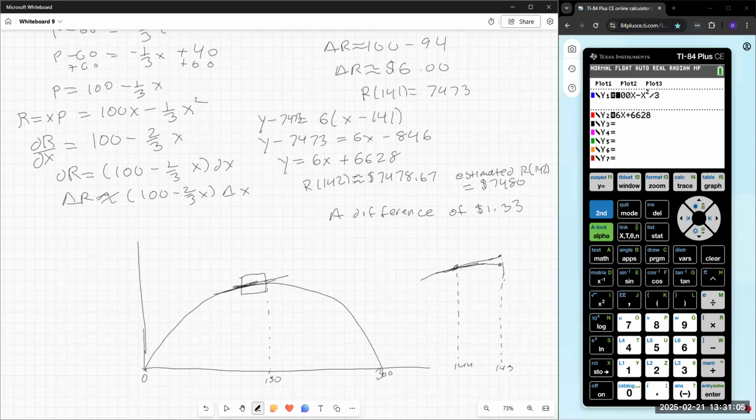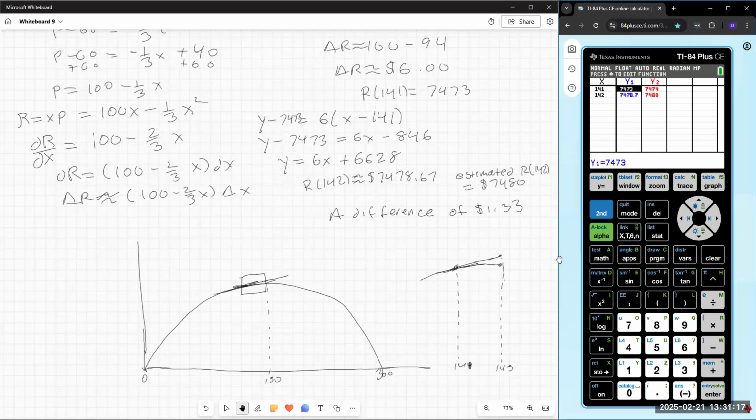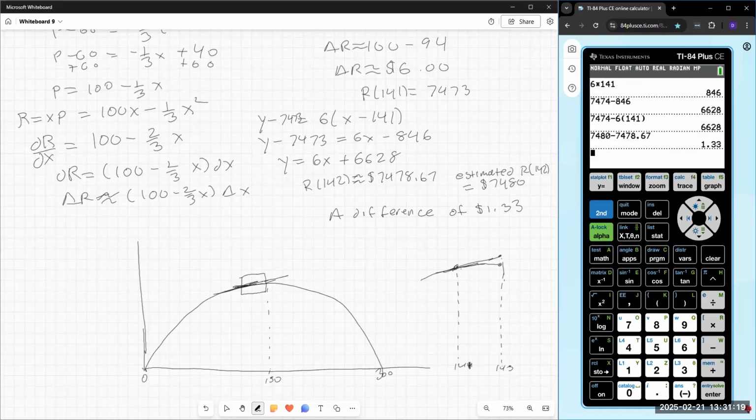And at 144, we should have, I'm sorry, 141. Is that what's wrong? Did I put in the wrong numbers? No. At 141, they should coincide at 7473 exactly.